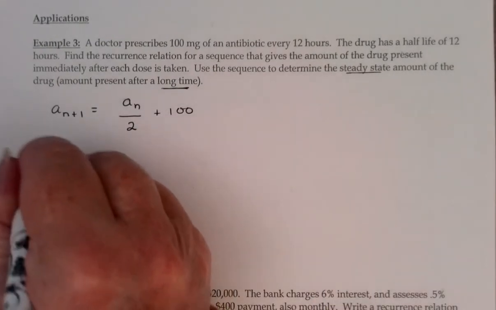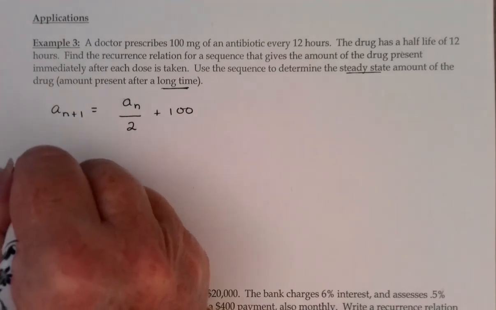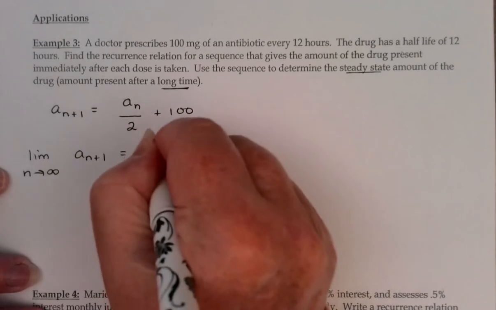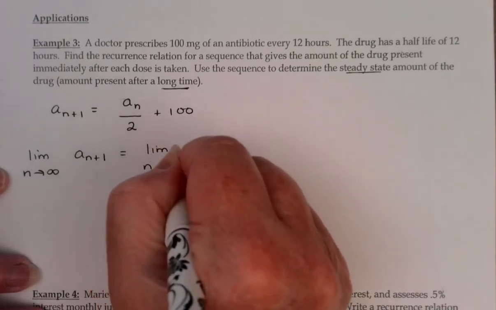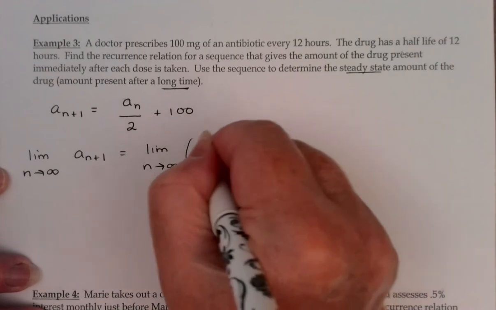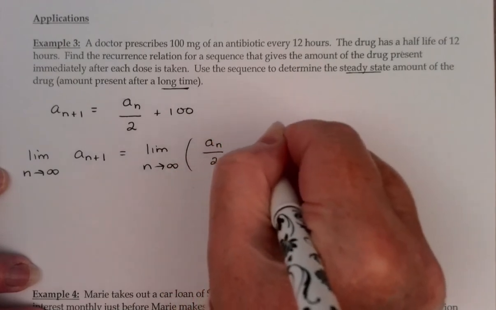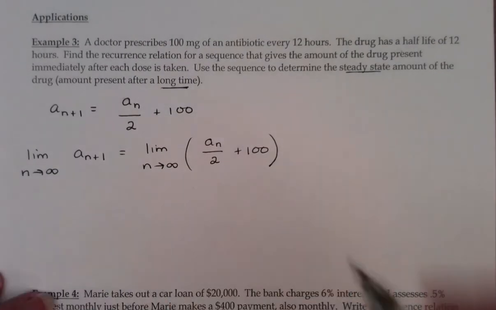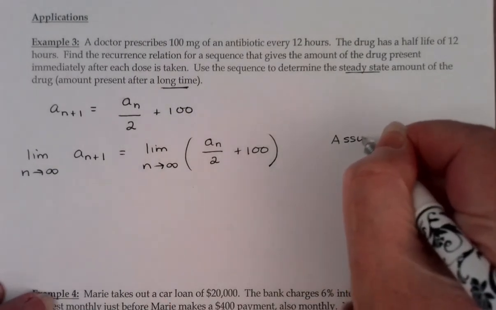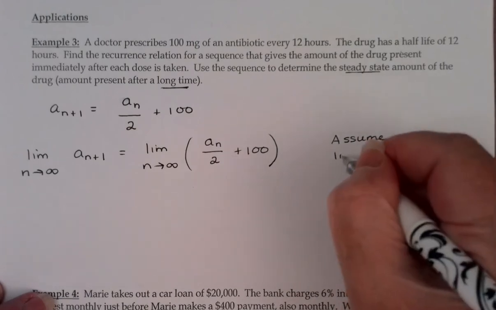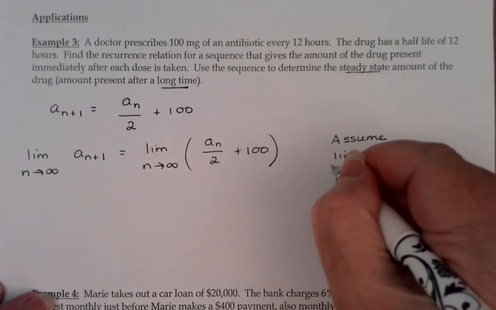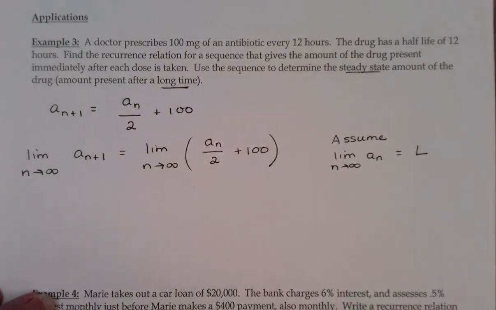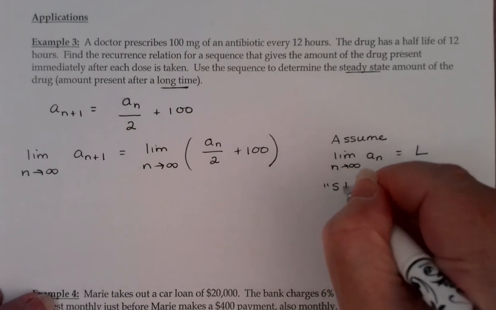So if I take the limit on both sides of this little equation, what I'd like to say is, let's assume, I'm just going to put a letter to this, that the limit for the sequence is called some value L. This is our steady state amount.